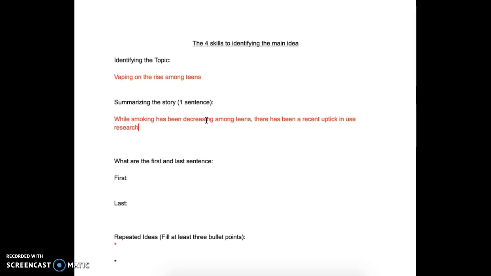Researchers think it's due to vaping. The first and last sentence, I will go over to the article and get those.